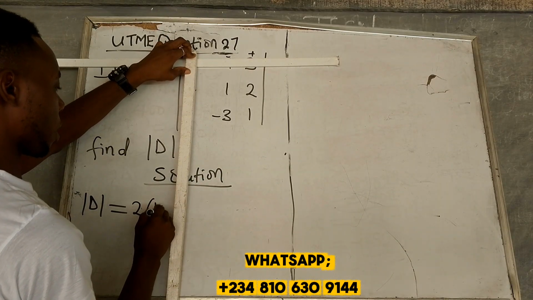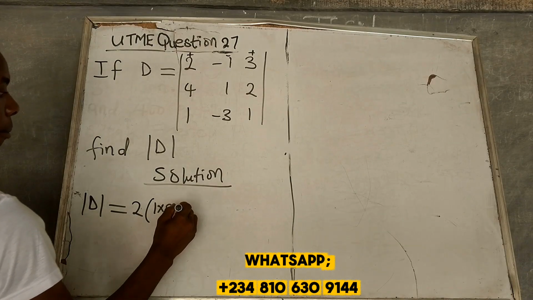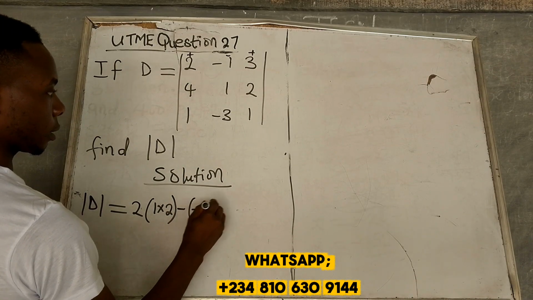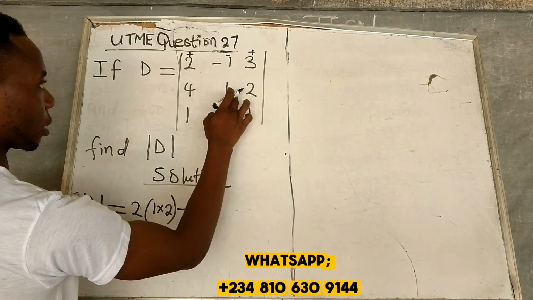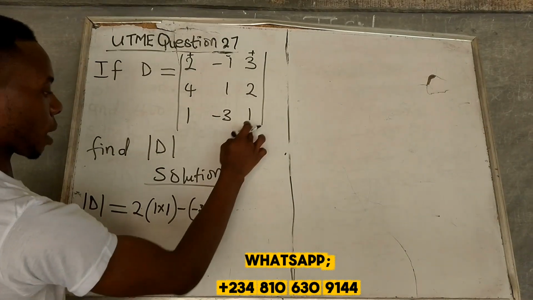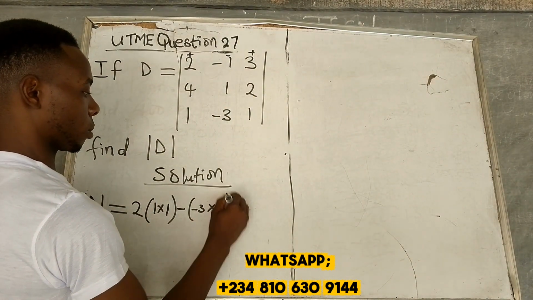So open a bracket: 1 times 1 minus 3 times 2.